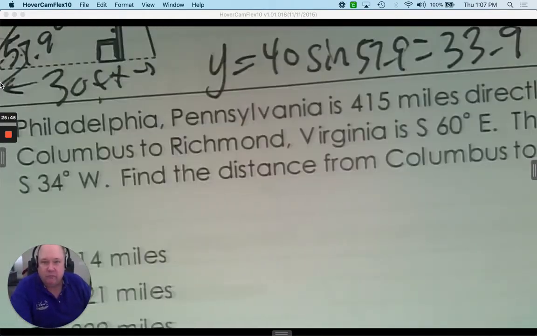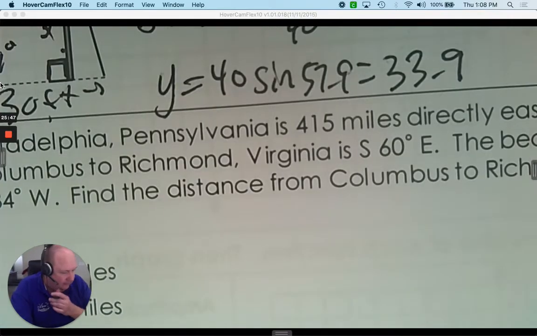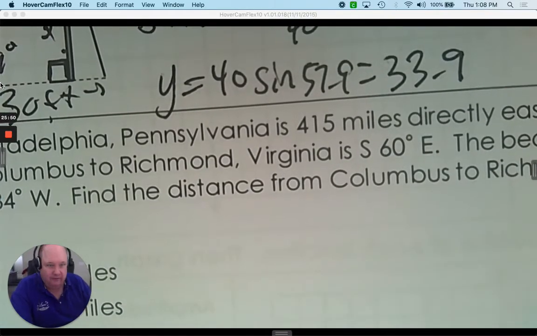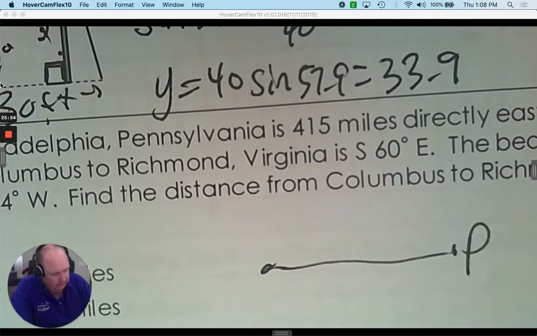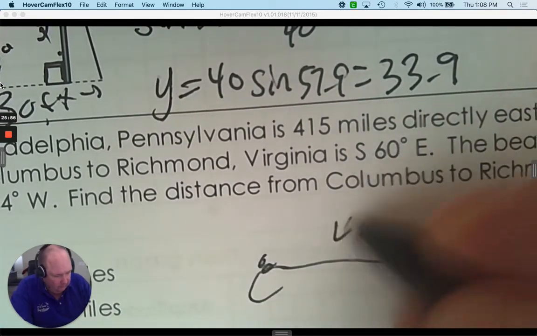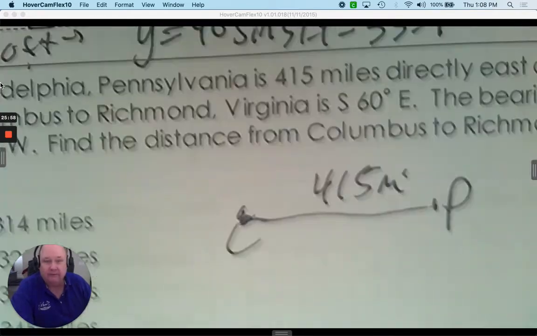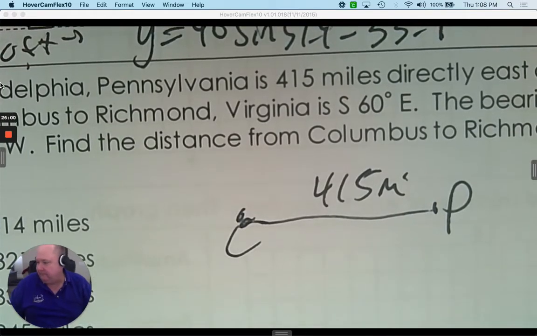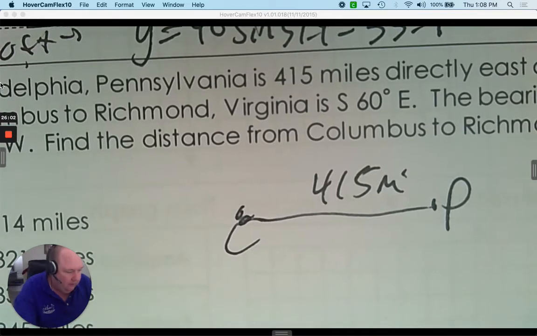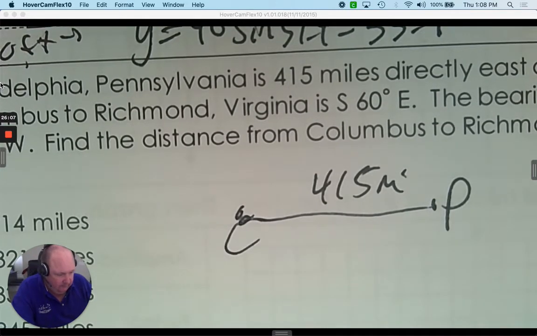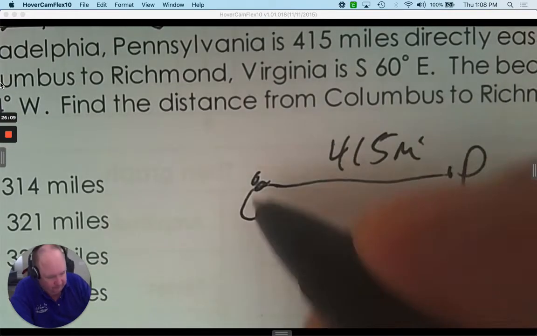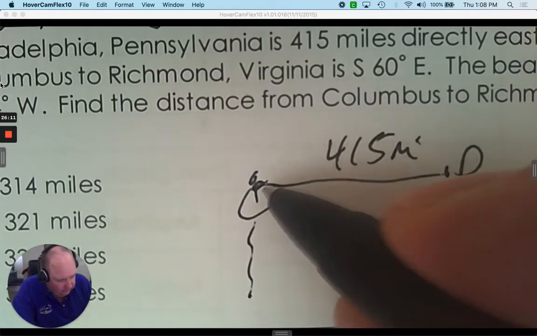26, Philadelphia, that's in Pennsylvania, is 450 miles east. Here's Philadelphia. Here's Columbus. That's 450 miles east. The bearing from Columbus to Richmond is south 60 degrees east.